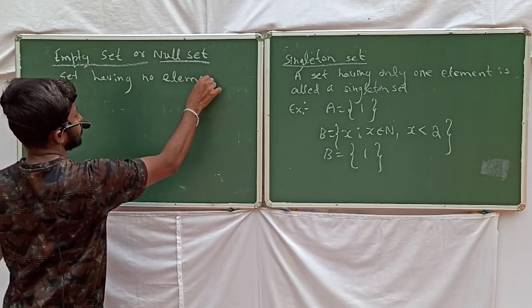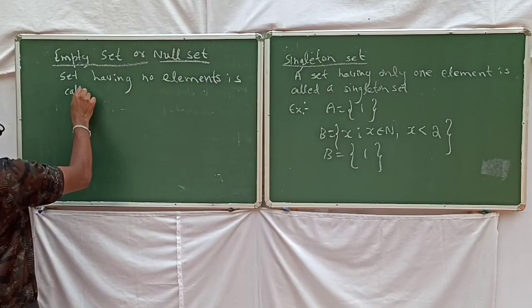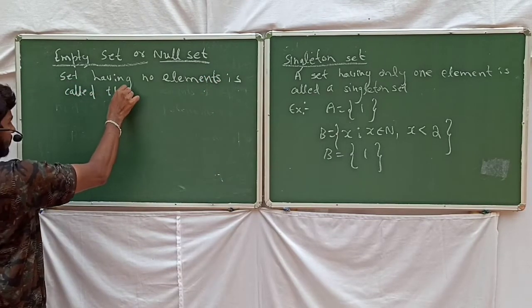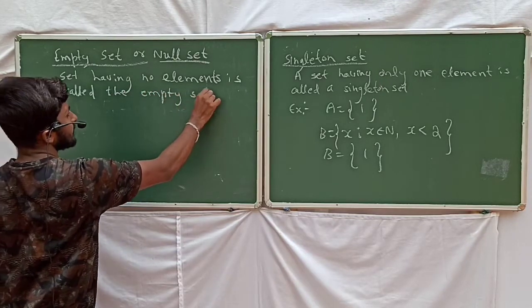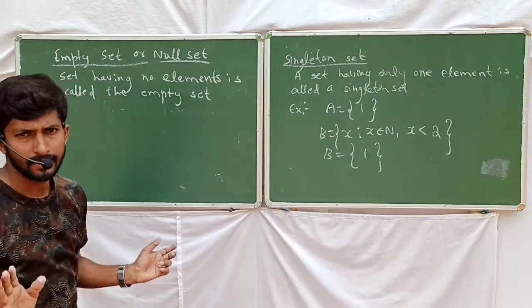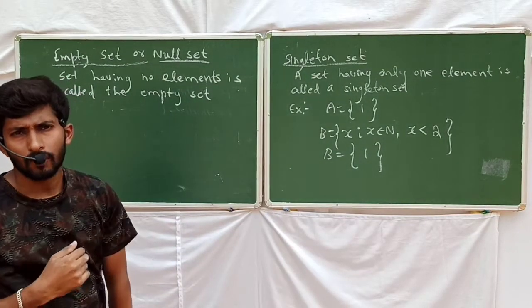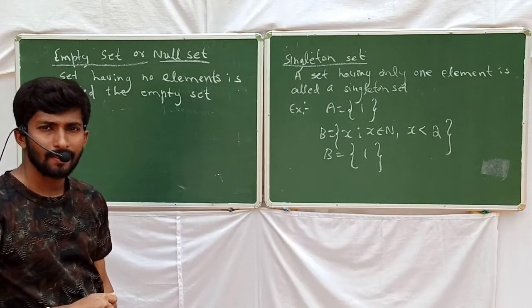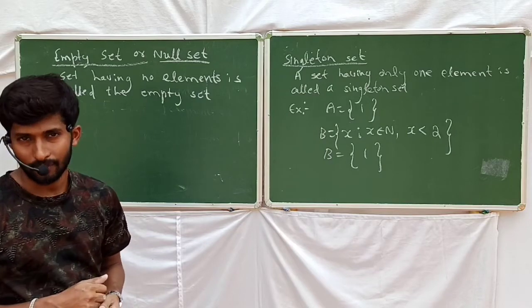A set having no elements is called the empty set. Nothing is there in that set. No element. For example, can you give an example for natural numbers less than 1? No, right? Why? There are no natural numbers less than 1.